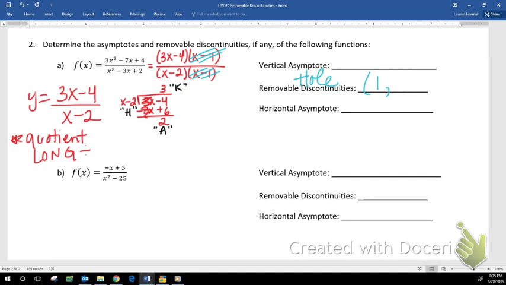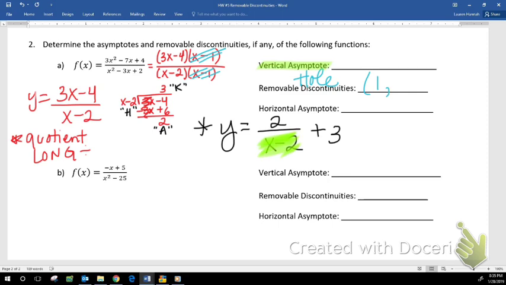So my transformation form is y equals a, 2, divided by x minus h, that's also a 2, then plus k, that's 3. As a reminder from the other day, the vertical asymptote comes from whatever this x value is down here.